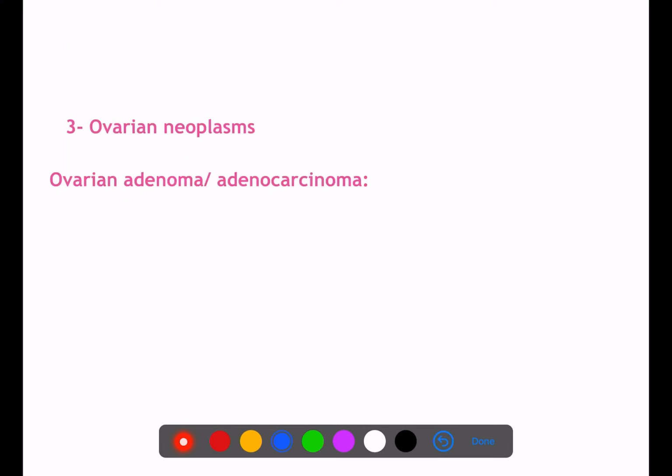The most common type of ovarian neoplasia is ovarian adenoma. The primary ovarian neoplasia originates from any type of tissue within the ovary. It is based now on cow, mare, and bitch, and it usually occurs in all species.